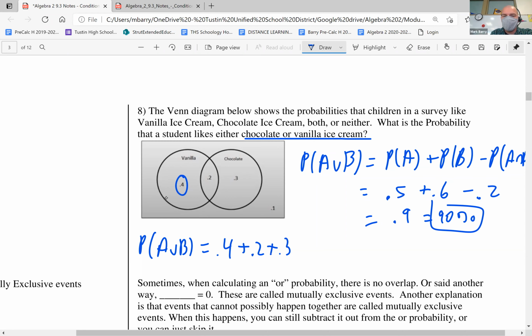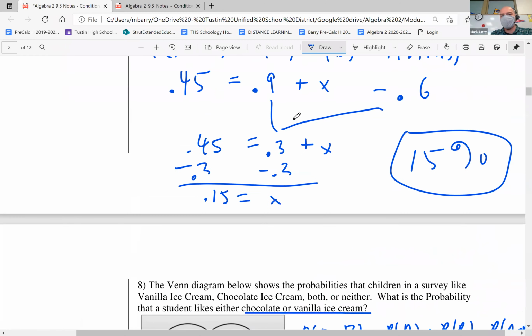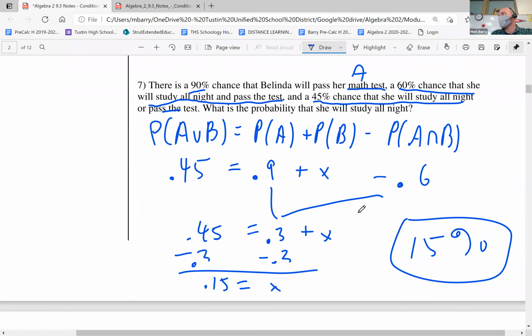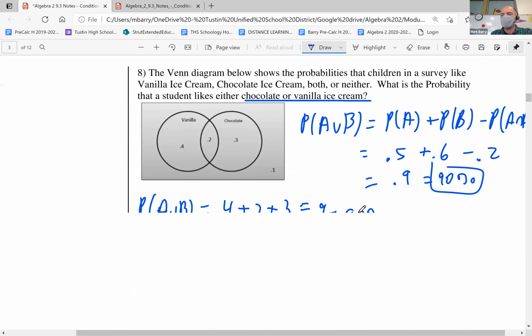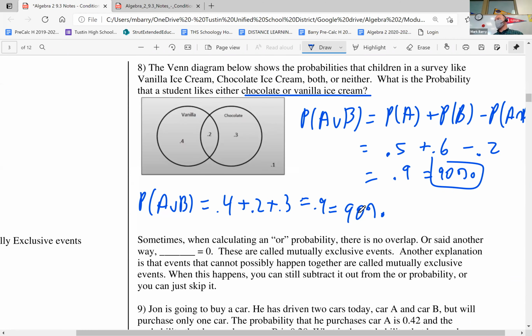So just do 0.4 plus 0.2 plus 0.3, and that also gives me 90%. So there are two options when you have a table or a chart: you can use your logic, or you can use the formula. But when it's a word problem like the ones up here, you have to use the formula. That's why we're using the formula on those problems, whereas on this one, you can go either way with it.